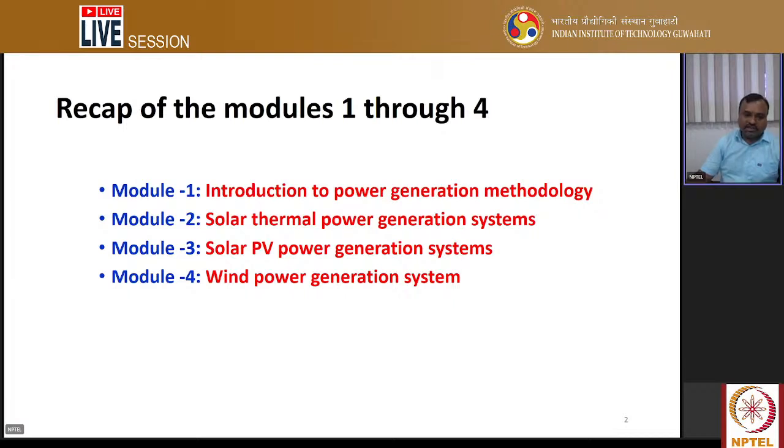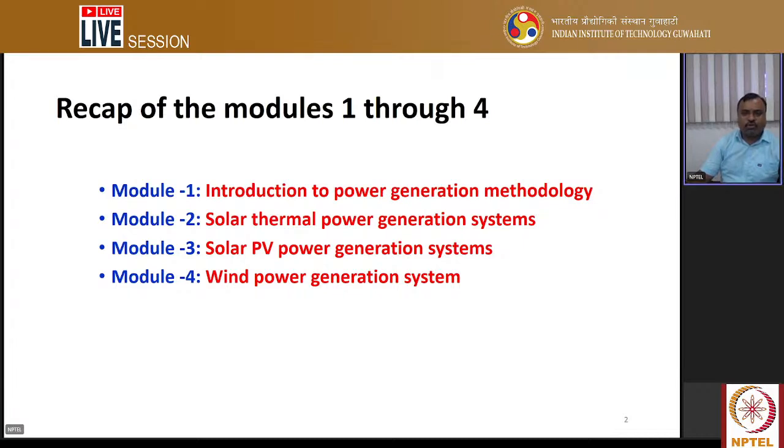Then in module 3, primarily we have addressed solar PV power generation systems, starting with fundamentals of solar photovoltaic energy conversion systems, solar PV power plant design that includes both standalone and grid connected PV systems, and its design methodology.